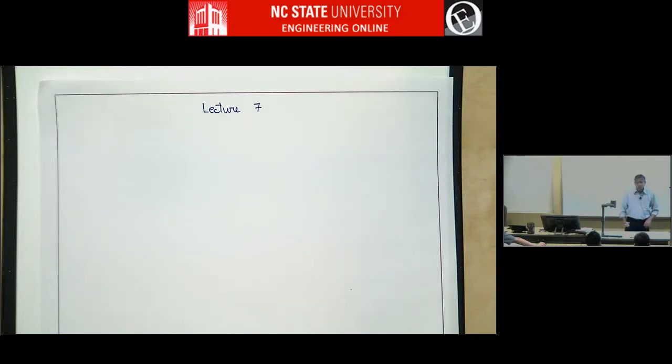So while we are on the topic of pitching moment, we are going to try to connect airfoil behavior with aircraft behavior.